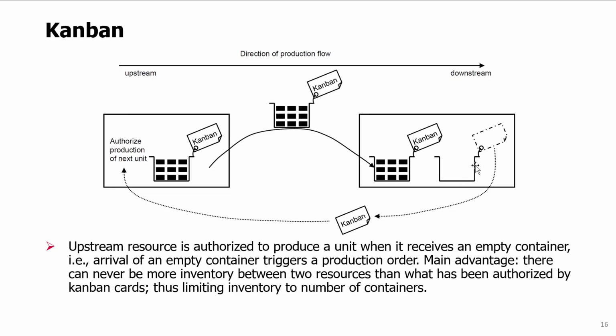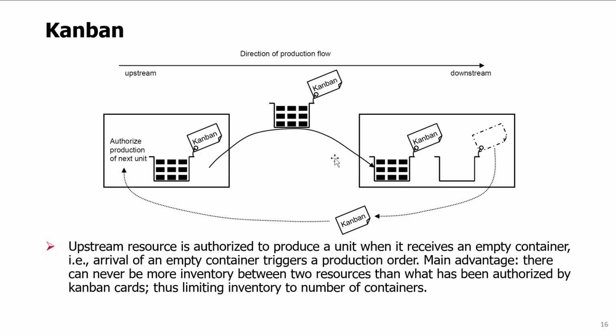Only when the downstream resource uses a box of 9 parts does it send a card to the upstream resource, and that authorizes the production of 9 units, filling up another box that is booked as work in progress inventory. So you can see that this is a way to limit the amount of inventory of those parts.